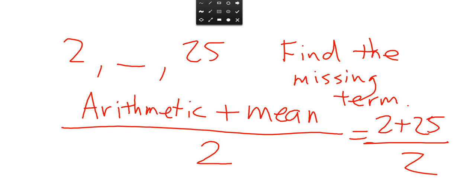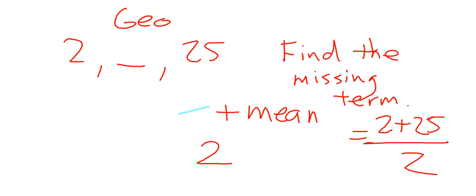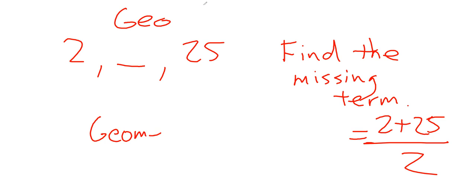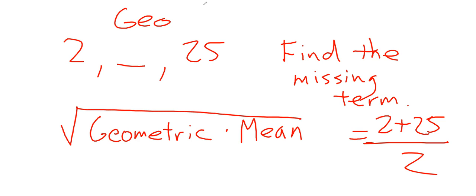Now, if we come along and scratch that and change that to geometric. Wouldn't you just do 25 over 2? No, now we do the geometric mean. The geometric mean means that, okay, in the world of adding, if you want to find the average, you add the two numbers and divide by 2.